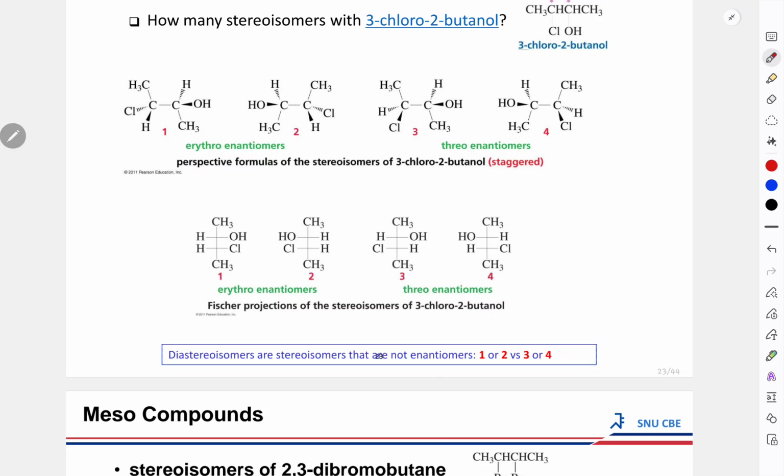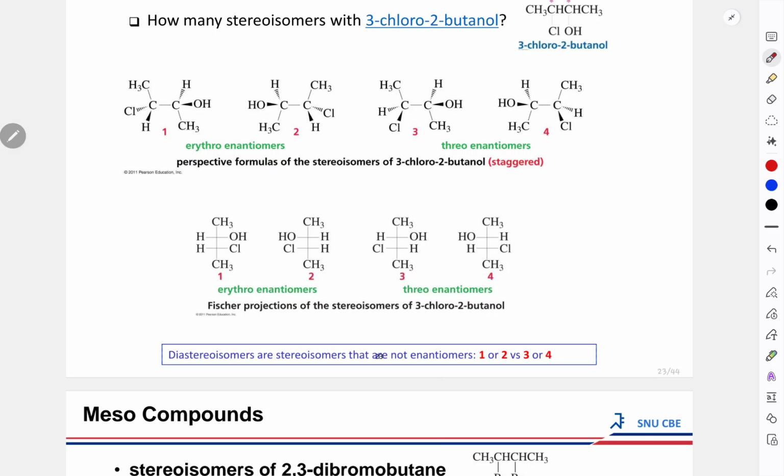Now we are considering a special case. That's why you should be careful: you cannot just apply the maximum total number of stereoisomers for this case. Here you will encounter the meso compound.